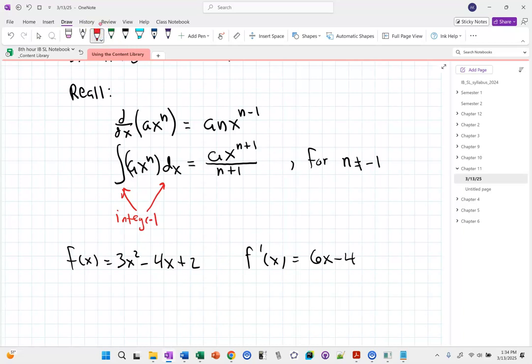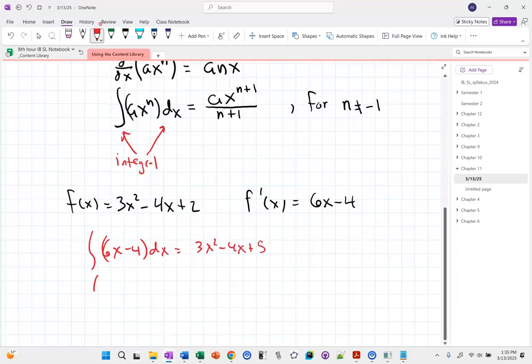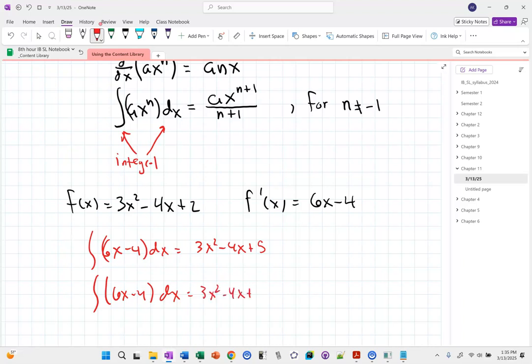But the antiderivative of 6x minus 4 dx we said before was 3x squared minus 4x plus 5. And now you're telling me that the antiderivative of it should also be 3x squared minus 4x plus 2.